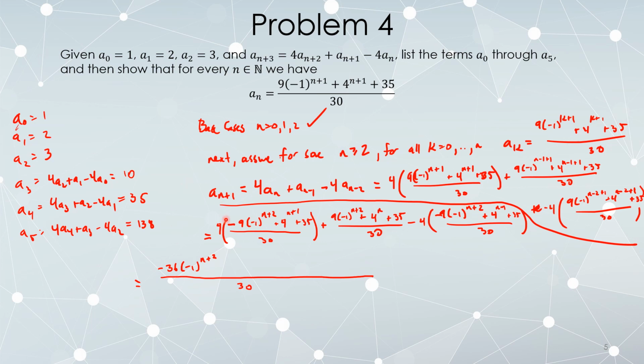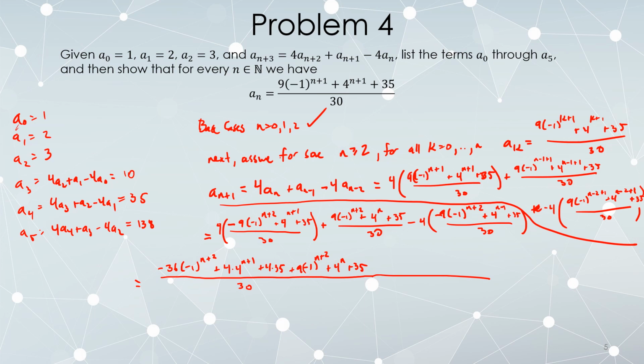Now here, we get a 4 times 4 to the n plus 1. Then we have a 4 times 35. So that's distributing this 4 across all of these. Next, we just have a 9 times negative 1 to the n plus 2, plus 4 to the n plus 35.